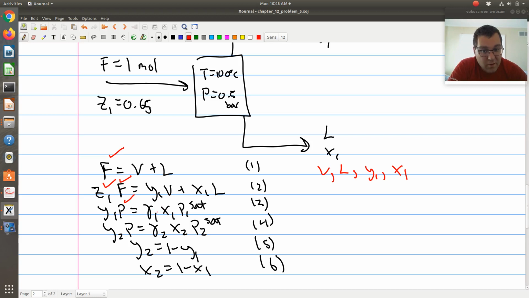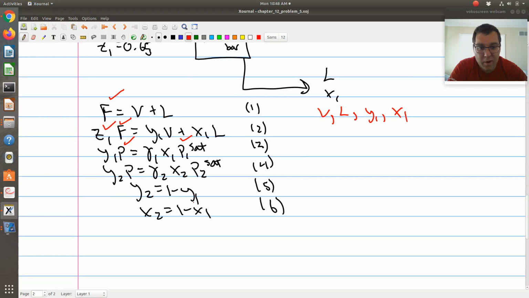Now, in theory, I don't know gamma 1, but remember, gamma 1 is only a function of X1, so I'm not going to list it. In theory, I could create an equation 7 and 8, which are our expressions for gamma 1 and gamma 2, but I'm not going to go crazy. I'm not going to add gamma 1 to my list, because once I have X1, I have gamma 1. P1 sat, I know.